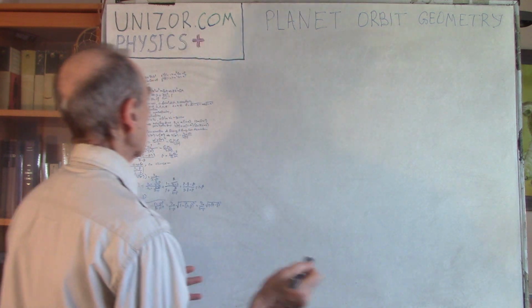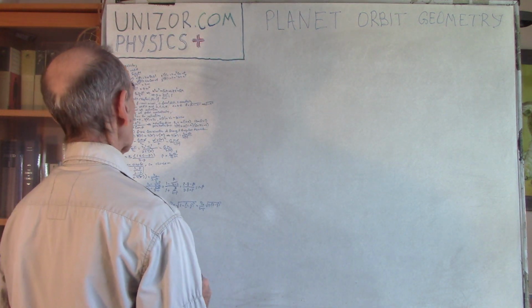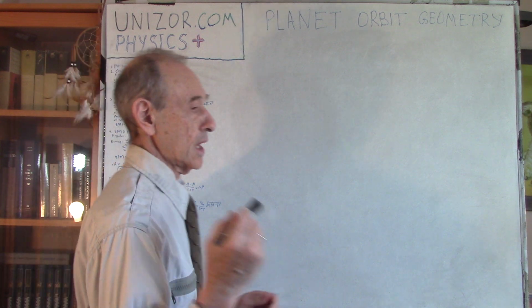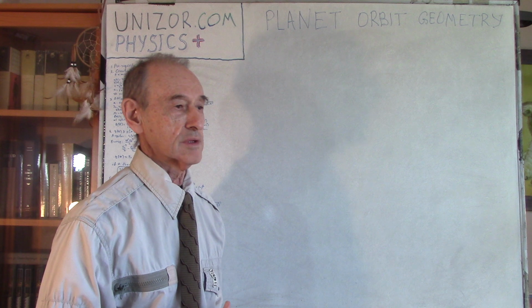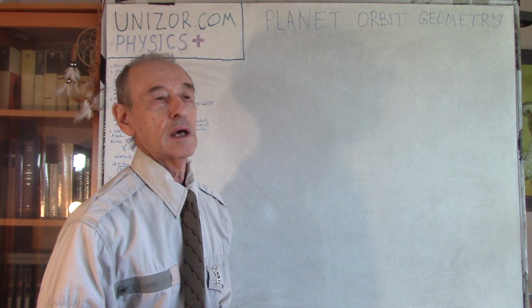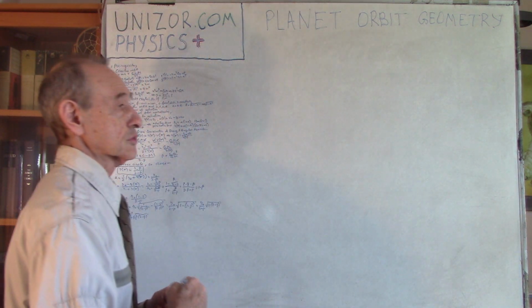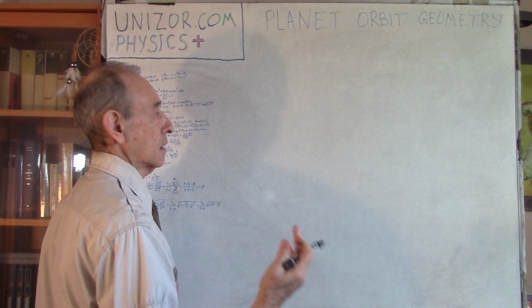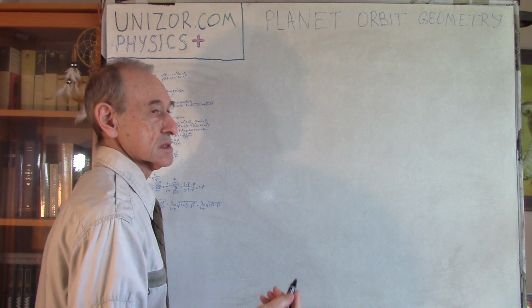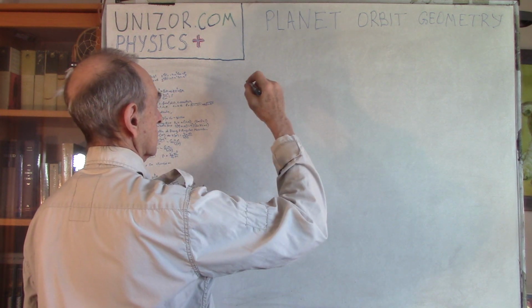So if we are talking about a circular orbit, let's consider a planet around the sun, just to have it in mind. Obviously you have two different laws which dictate how this planet is moving around the sun.